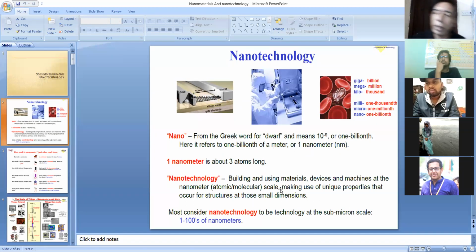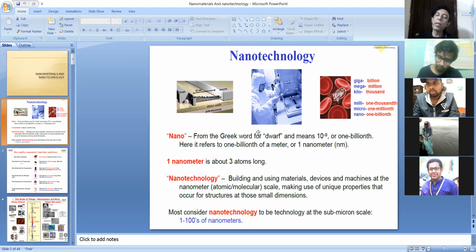Generally by nano, we mean 1 to 100 nanometers. Say, for example, a particle which has a length of 50 nanometers, we can call it a nanoparticle. A particle which has a length of 100 nanometers, we can also call a nanoparticle.